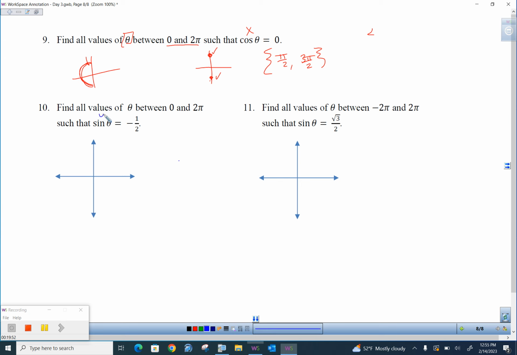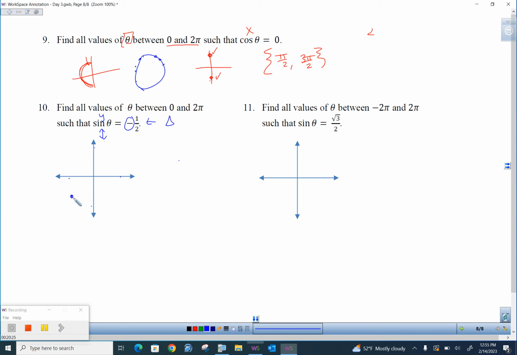We're thinking about y and thinking about where on a graph y could be negative 1/2. Now hopefully you recognize that because this value is not 0 or 1, it's not at one of your 4 points, which puts us at what we talked about today, one of the 3 points in each quadrant that would apply to a triangle. So a fraction is going to mean triangle for us. So we want to know where could we place a point so that we have a negative y value. Y is up and down on the graph.